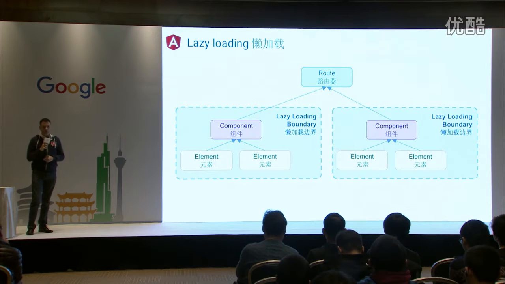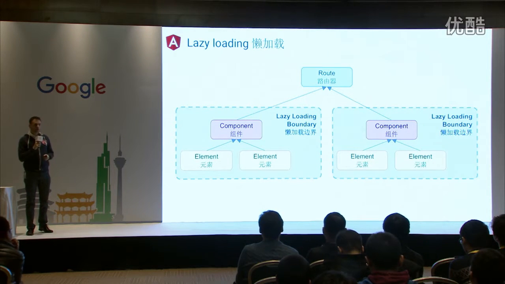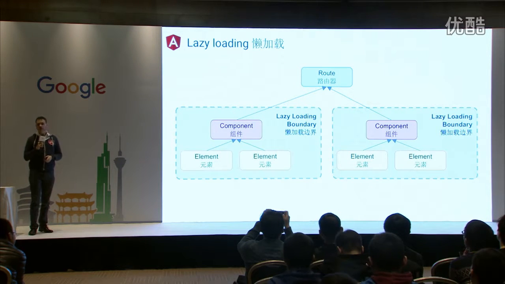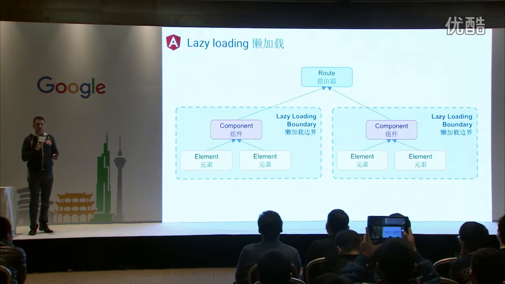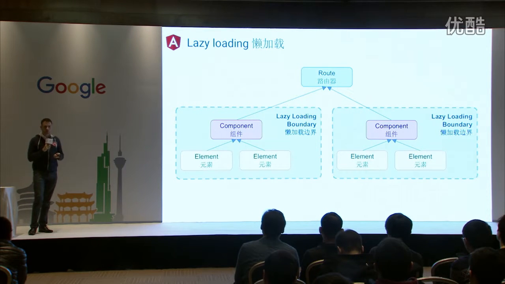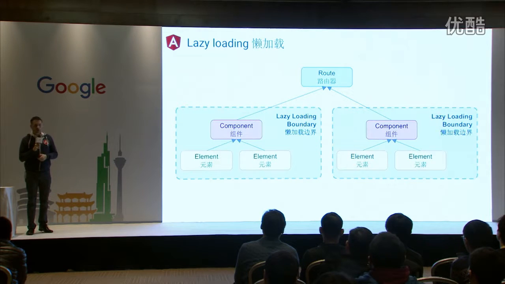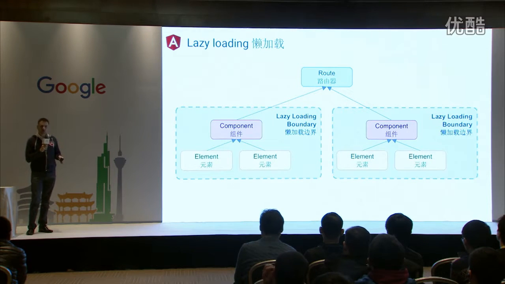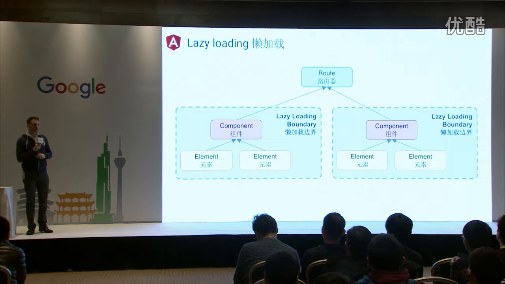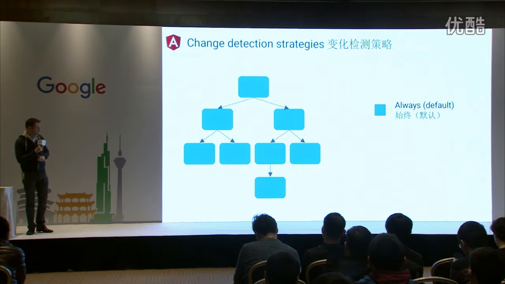Another way that we're increasing performance is by lazy loading components and modules for you using our router. Routers form a very natural separation point between different parts of your application. Using the CLI and a Webpack plugin that we've built, we can code split for you and only load routes and the modules that represent those routes when the user navigates to them, meaning huge increases in performance by pulling things out of the critical path for the user.